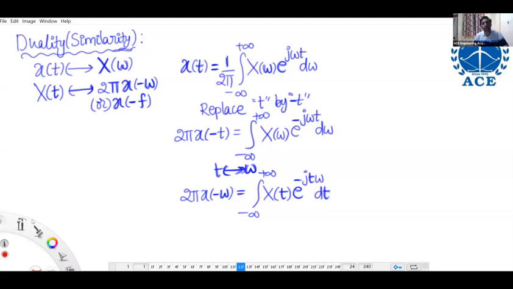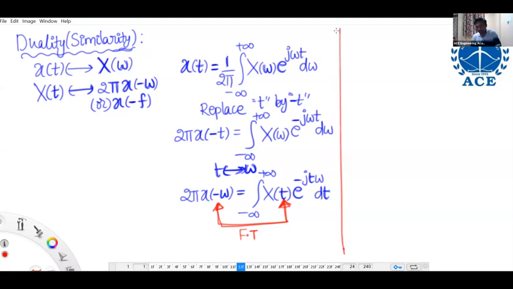This last expression looks like the forward transform definition, e power minus j omega t dt. So by definition, these two form a transform pair: capital X of t transform pair with 2 pi into small x of minus omega.